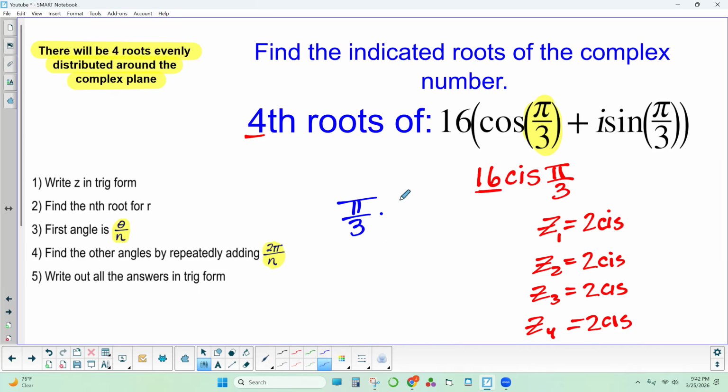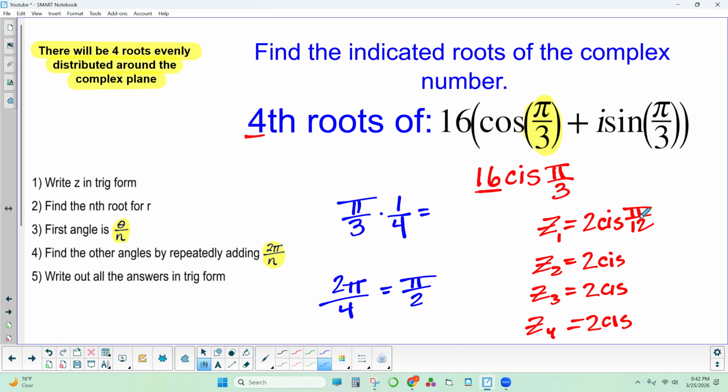To divide by 4 is to multiply by a fourth, and you can see that our first angle is pi over 12. All right. Now, to find each additional angle for the remaining roots, we take 2 pi over n.